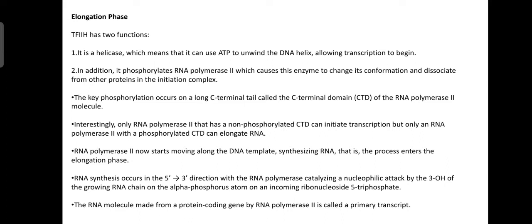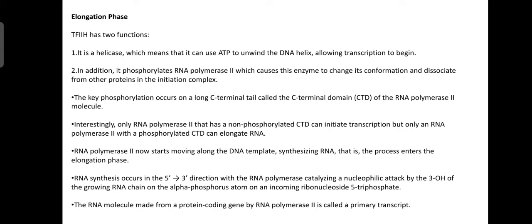Then another interesting thing. Only RNA polymerase 2 that has a non-phosphorylated CTD can initiate the transcription. Okay. In the initiation phase, you can see RNA polymerase 2 doesn't want any phosphorylation to take place to initiate the transcription. But only an RNA polymerase 2 with a phosphorylated CTD can elongate the RNA.